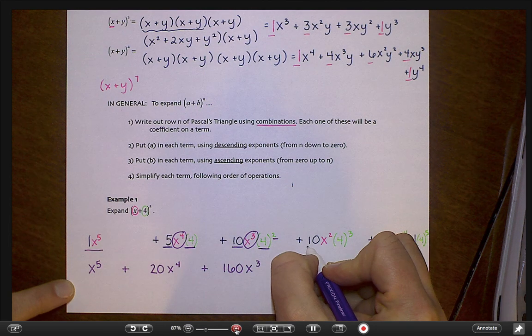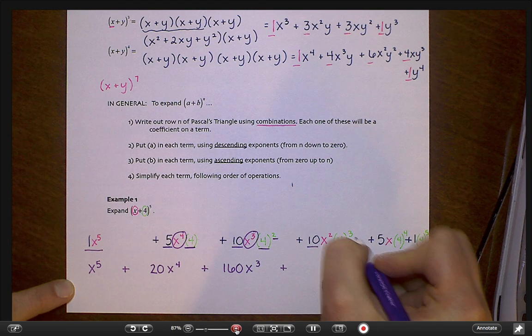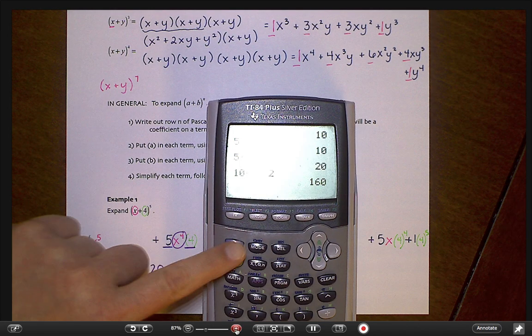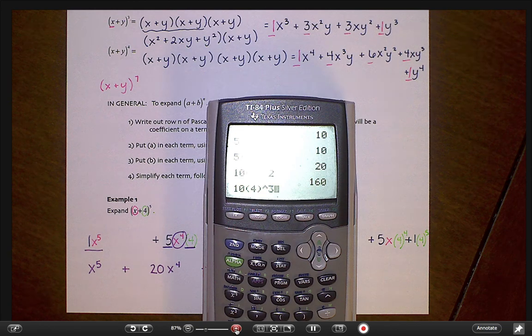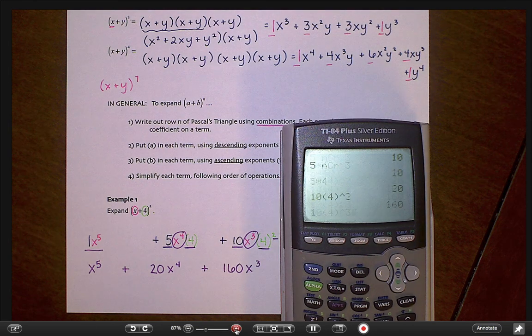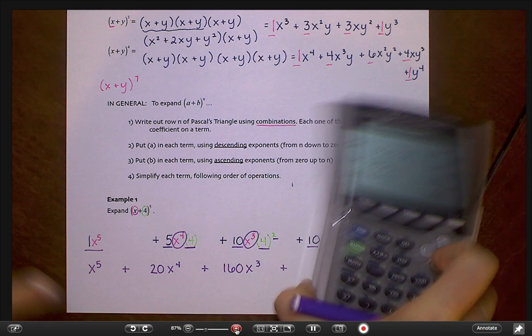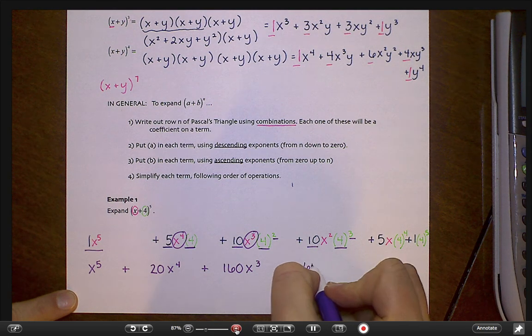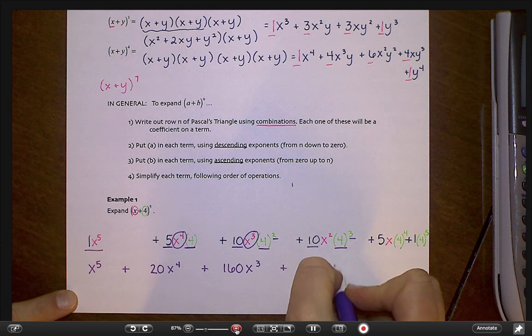Here I'm doing 10 times 4 to the power of 3. I think that's going to be 640. Yep. So that's 640 x squared.